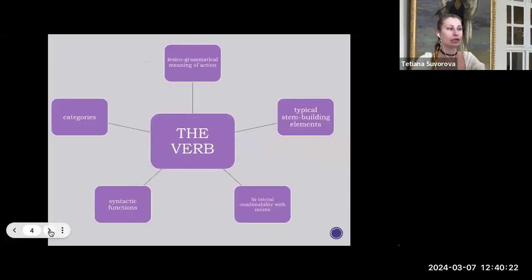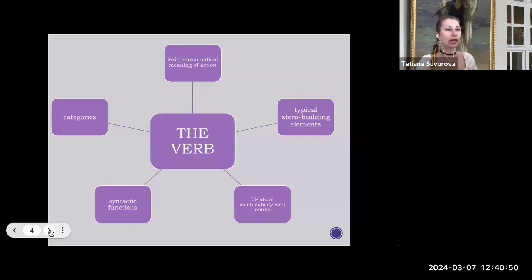Before that, during the second lecture, we discussed that when we speak about the language, we speak about a system, organized and structured. Within the system, we differentiate different subsystems, which are also structured according to some parameters.